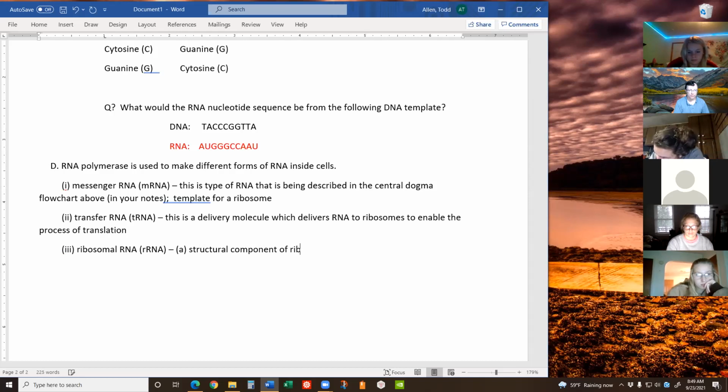component of ribosomes. And B, the other important part, which, well, it's important to geneticists, it may not be important to A&P students. The other important part is that ribosomal RNA is the part of the ribosome that is capable of linking amino acids together. What I'm telling you is the ribosomal RNA is the catalytic component of a ribosome.